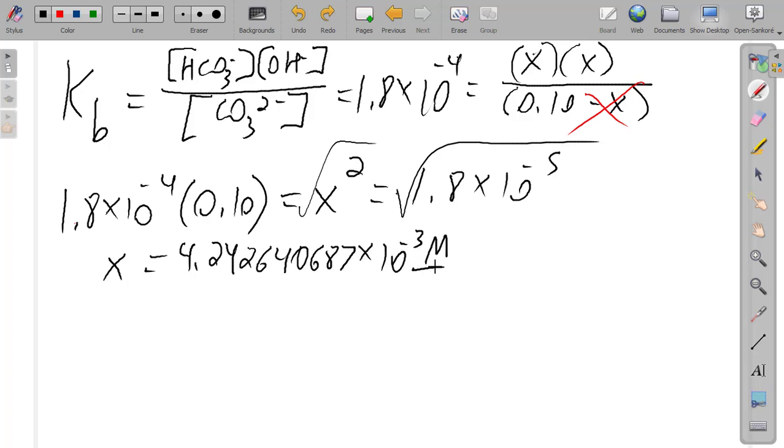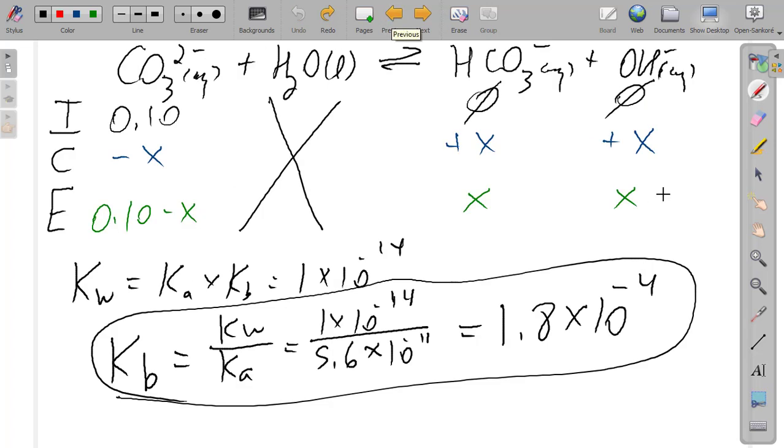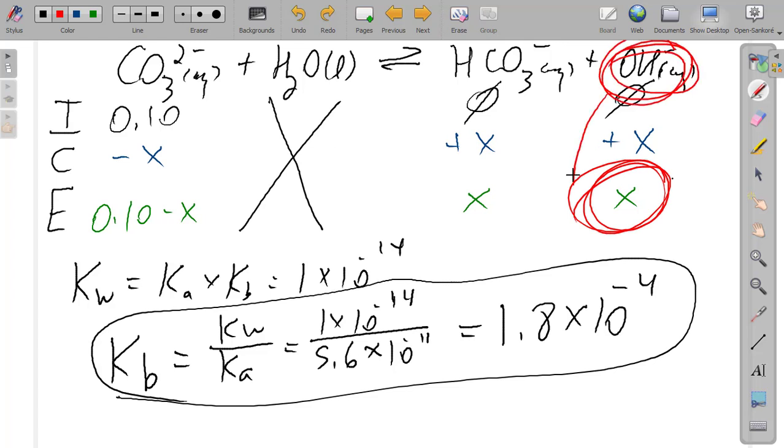And because, again, we're talking about things that are molarity. But wait, this is not hydronium. This is hydroxide that we have x equal to. When we go back and look at our ICE table, you've got to be very careful. That's hydroxide, and we're trying to calculate pH, but this is hydroxide.